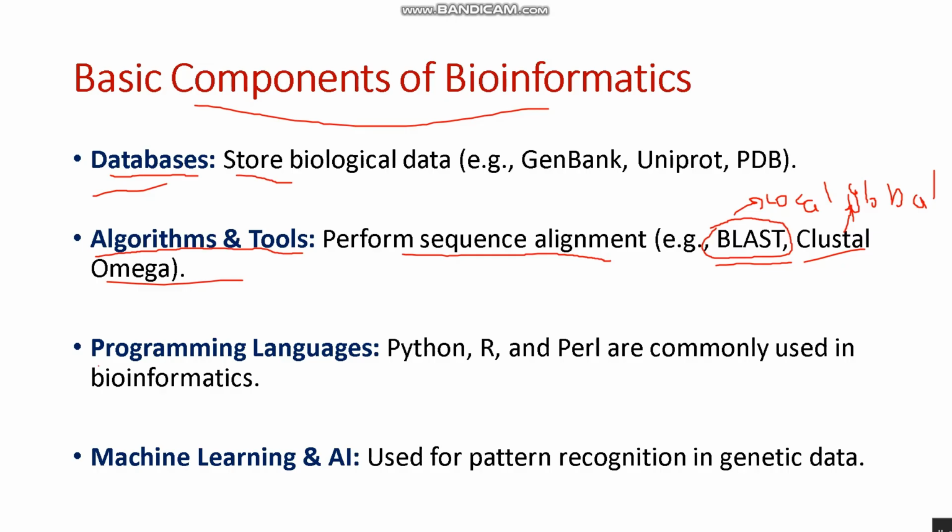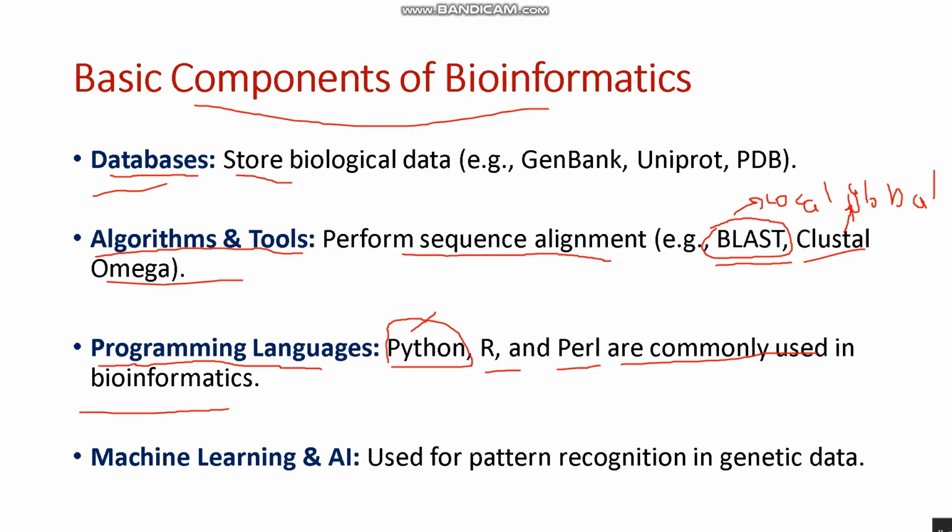And in bioinformatics, programming languages are very important. You have to know about Python, R, Perl. If you are interested, I will also make sessions about Python, and we can also make a separate workshop about Python, which is commonly used in bioinformatics.